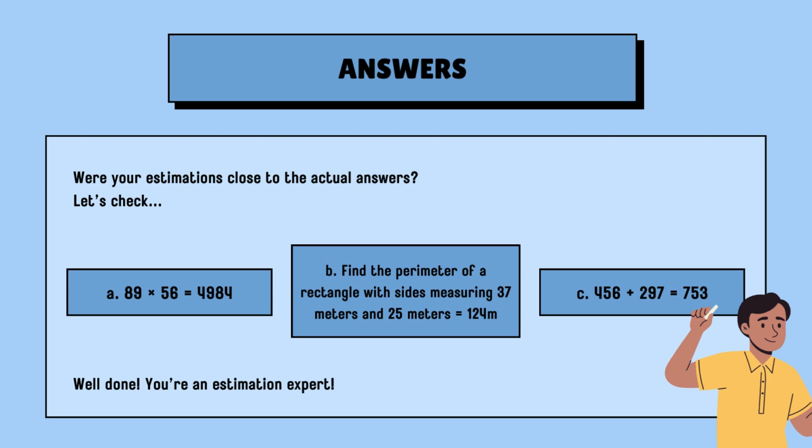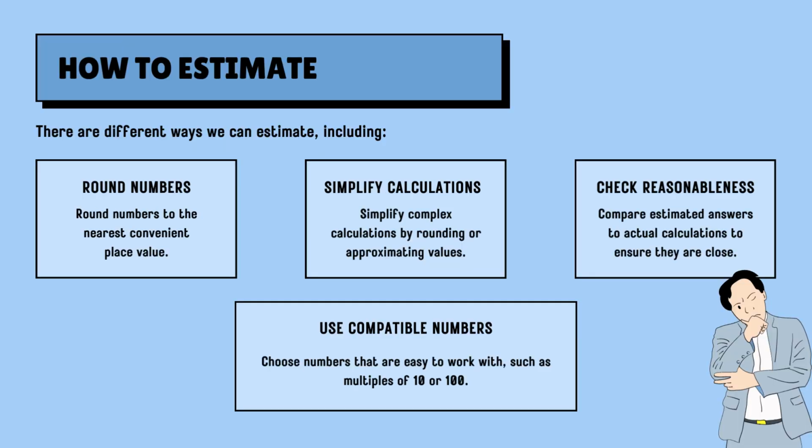Okay, here are the answers. Was your estimation close to your actual answer? 89 times 56 is 4,984. Remember, we don't know whether you rounded to the nearest 100 or nearest 10. Which method did you choose, according to the earlier slide?